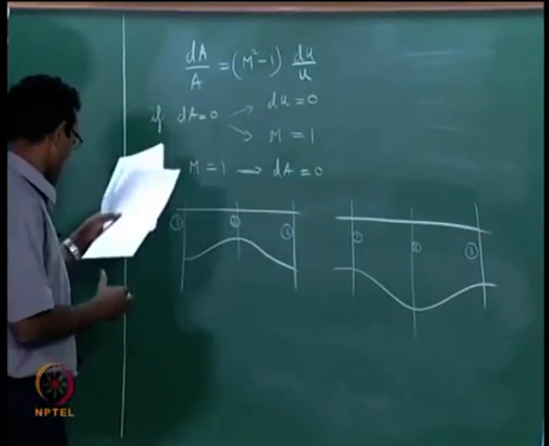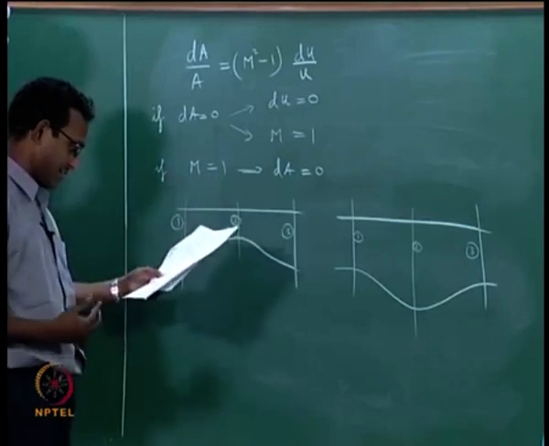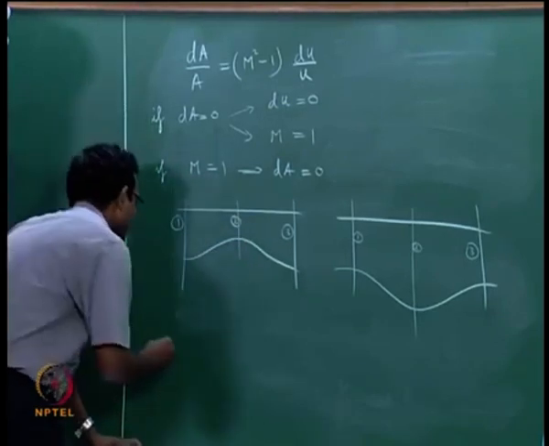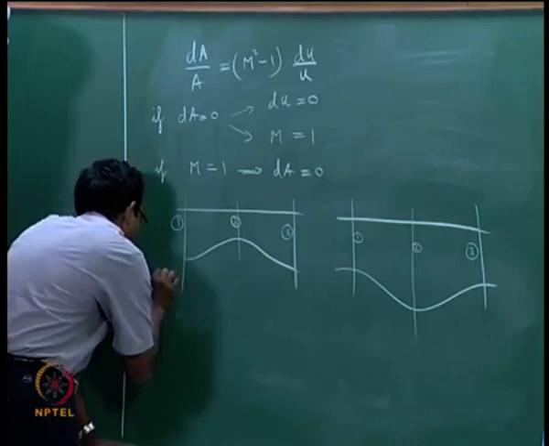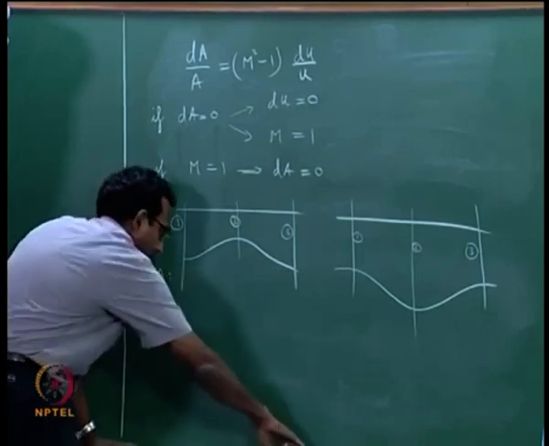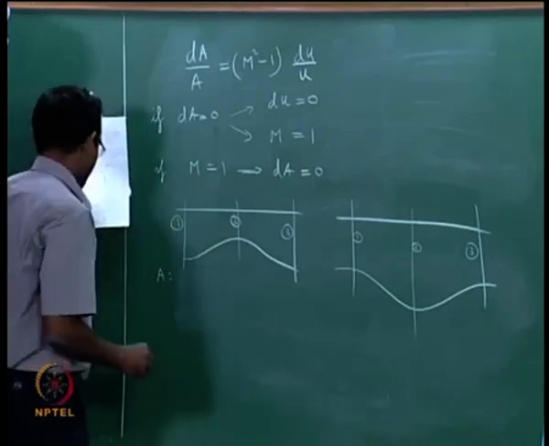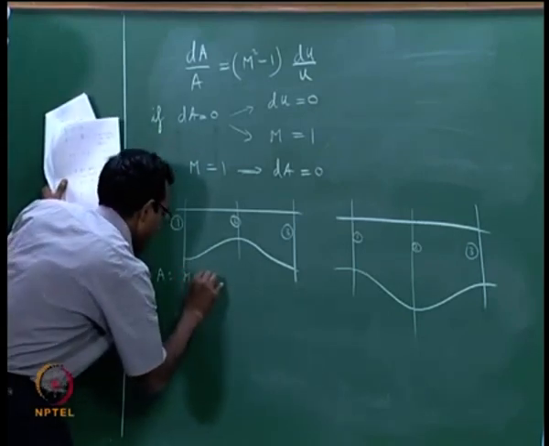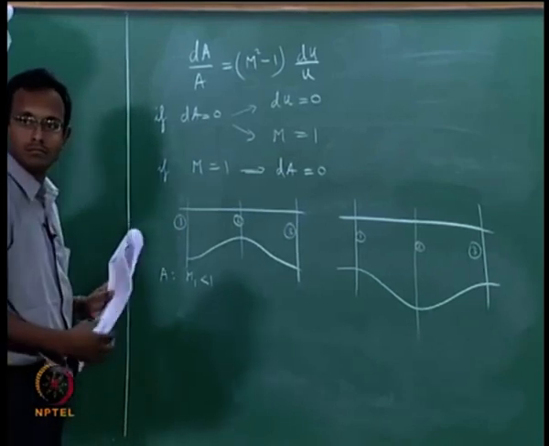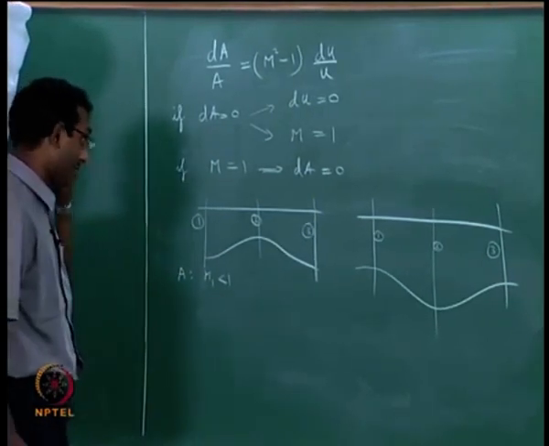If I have this, let us pick different cases. I can have a case of, let us say, A, where M1 less than 1. What can happen now if M1 is less than 1?